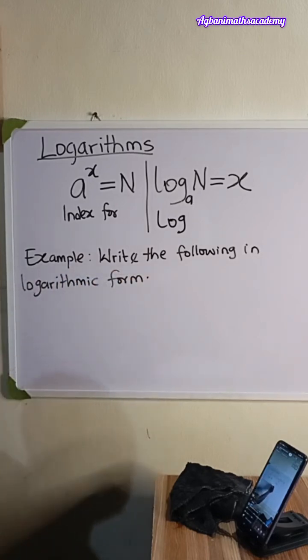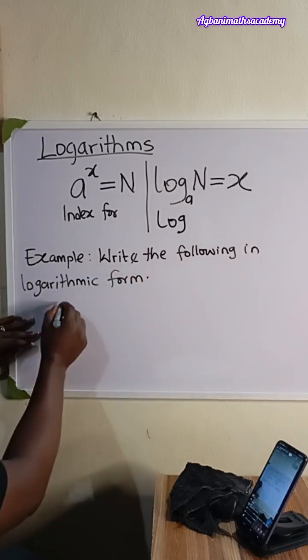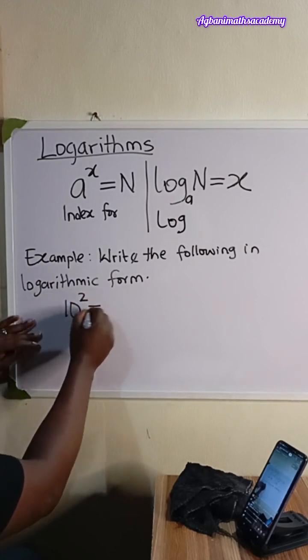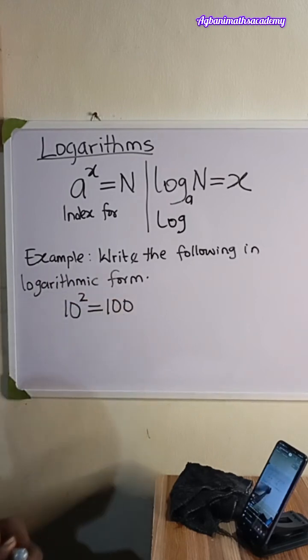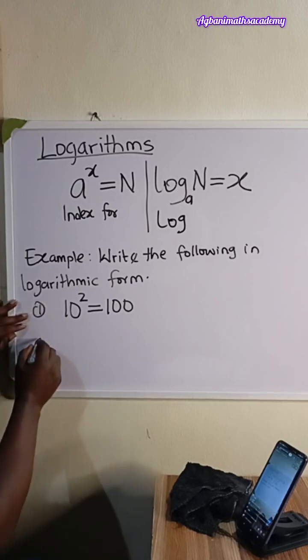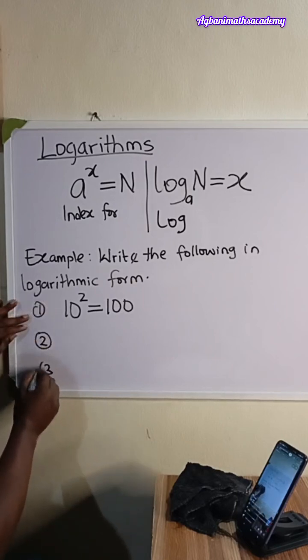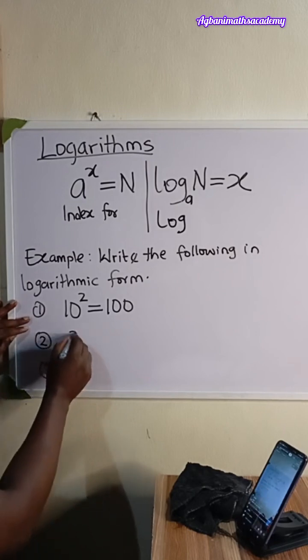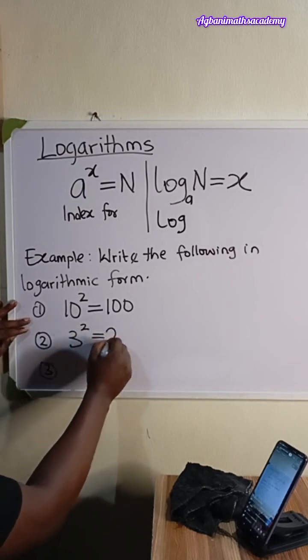We're expected to write the following in logarithmic form. Number 1: 10 to the power of 2 is equal to 100. Number 2: 3 to the power of 2 is equal to 27.